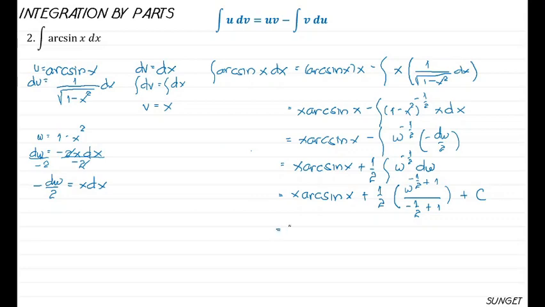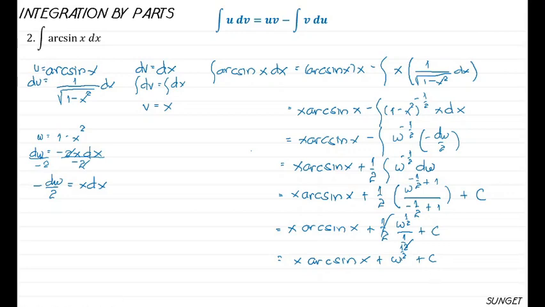So we have x arcsin x plus 1 half times w raised to 1 half over 1 half plus c. So cancel. So x arcsin x plus w raised to 1 half plus c.